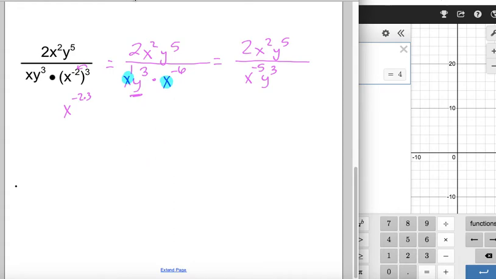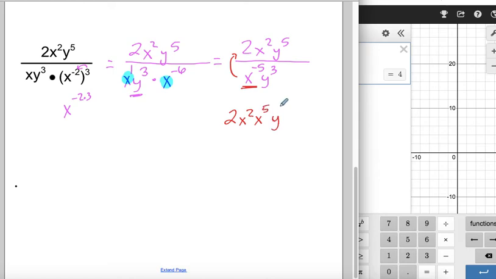And then the next step that we're going to do is, now that I have a quotient rule and it's simplified, I don't have any more products or anything, then I'm going to move this x to the negative 5 to the other side. So I'm going to move that up to the top. So the numerator now will be 2x squared, and we're moving this x to the negative 5 up there, so it'll be x to the 5th.